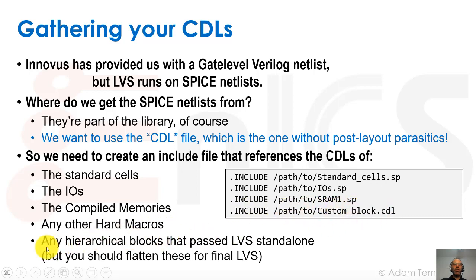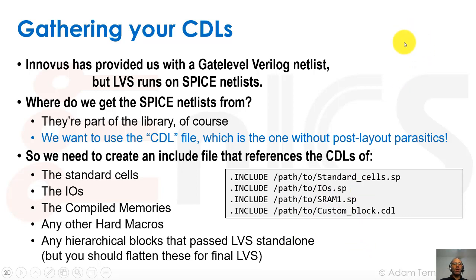If we're running a hierarchical bottom-up flow, we can also add the hierarchical soft blocks that pass LVS standalone, but we should probably flatten this for final LVS to make sure there aren't any problems with those CDLs that were actually generated.